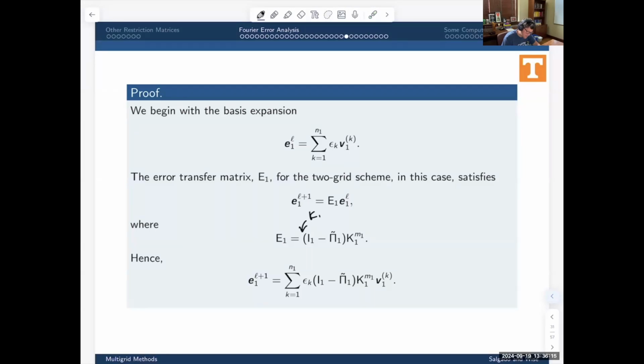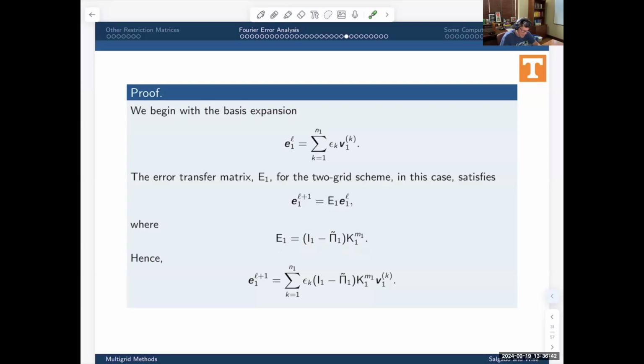This was K1 star M2. But M2 is a power here, and it's set equal to 0. So if I take the 0 power of this matrix, I just get the identity. That's where that factor went. So this is our complete error transfer matrix.